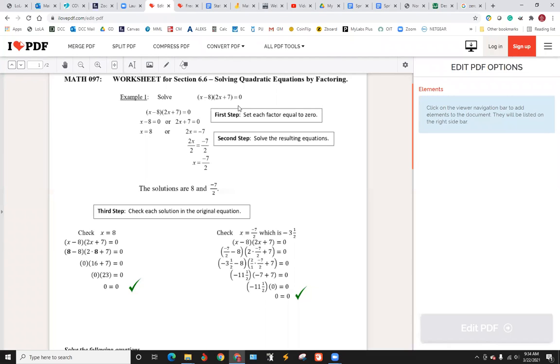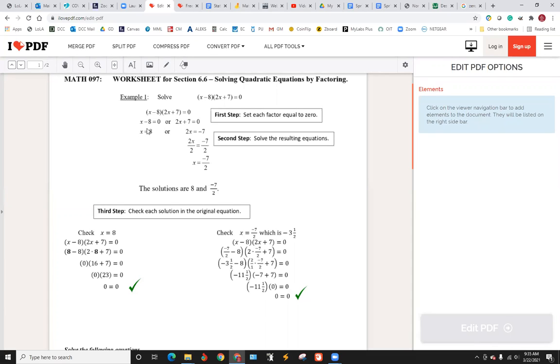So what can we do in that case? Well, we just take each one of these individual binomials and set them equal to 0. So we take the x minus 8, set it equal to 0, and we take the 2x plus 7 and set it equal to 0, and we put an or in between, because it can be either one of those or both.